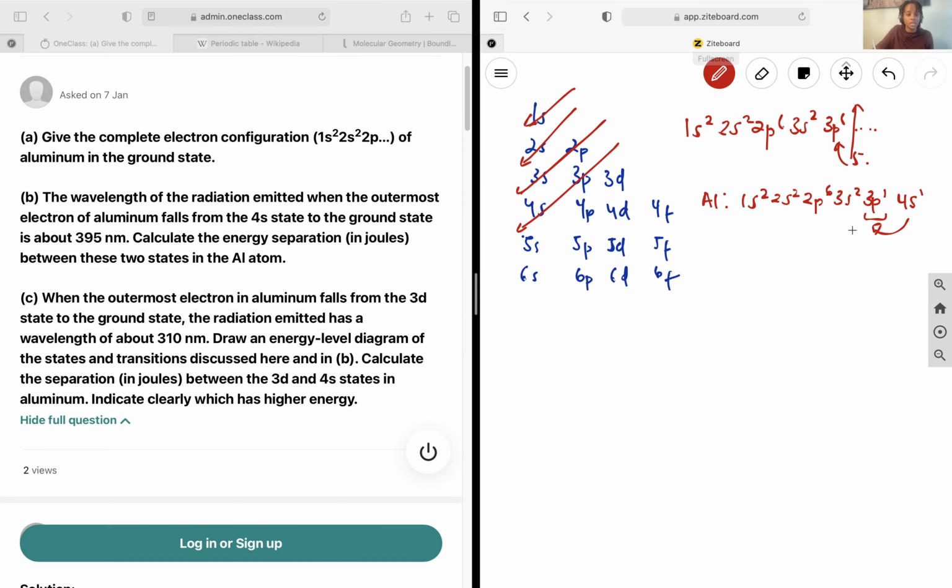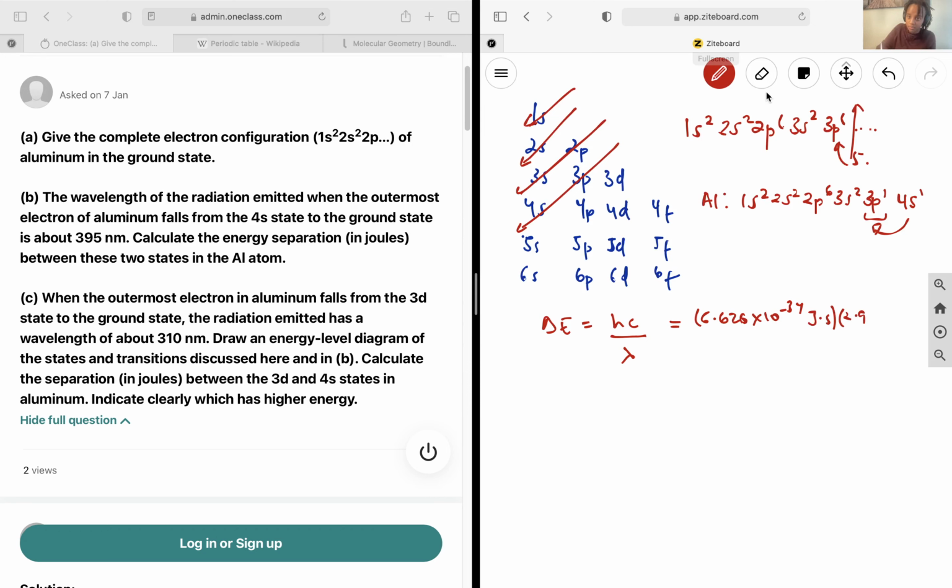And so they want us to find the energy separation in joules between these two states. And so the equation for that is that the change in energy is going to be hc over the wavelength. And so h is the constant of 6.626 by 10 to the negative 34 joule seconds multiplied by the speed of light.